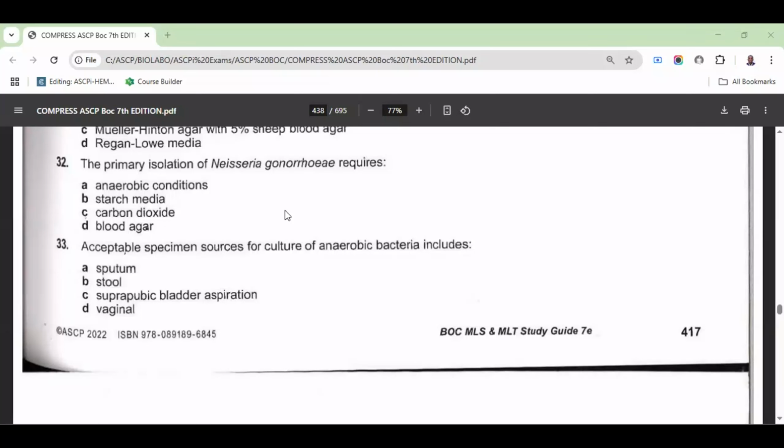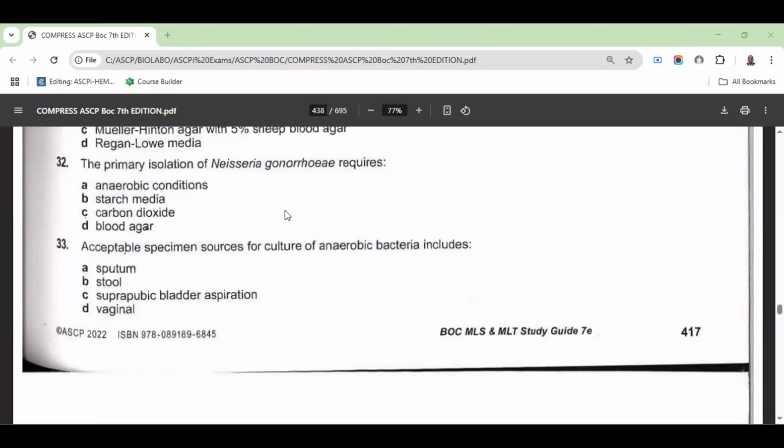Not my research, but it was what I realized from readings. So I found that most fastidious organisms require CO2. They are capnophilic, most of them microaerobic. So Neisseria gonorrhoeae is also in that category. It grows best in the presence of adequate carbon dioxide, usually 5% CO2.